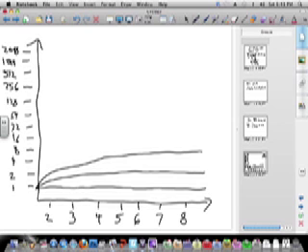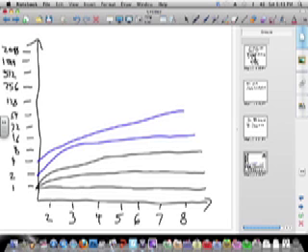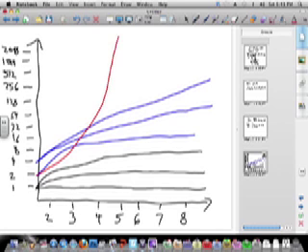And then we have n times log of n, followed by n squared, and then 2 to the n, and lastly n factorial, which grows the fastest. Remember that this scale is logarithmic.